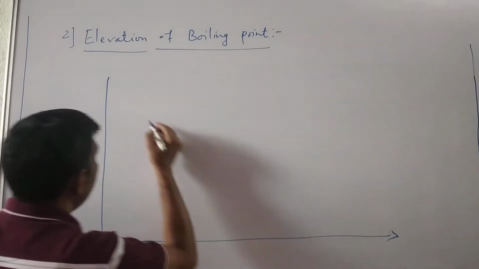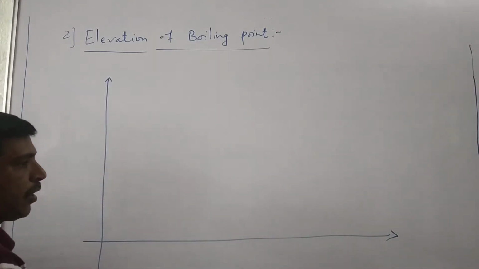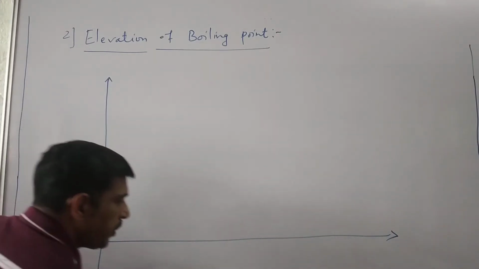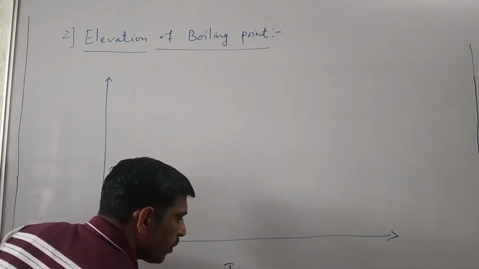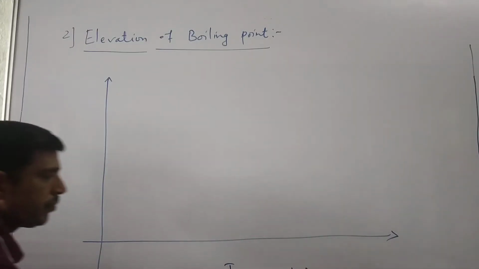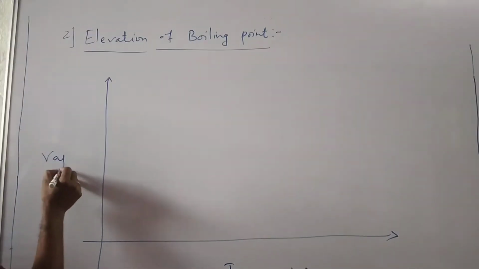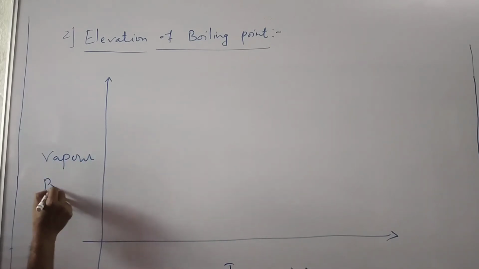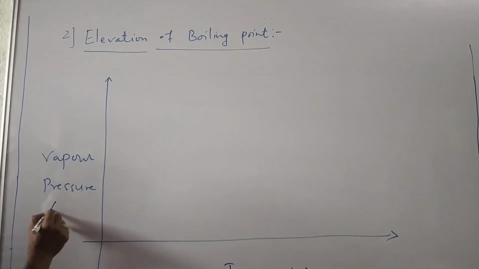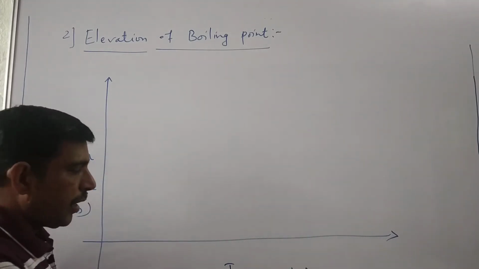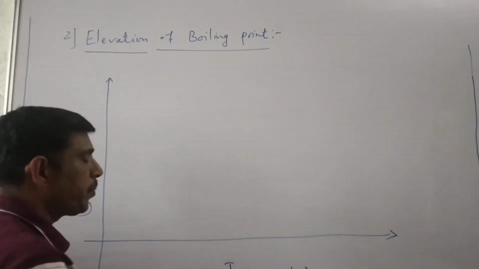Suppose this is the x-axis and this is the y-axis. Along the x-axis we will take temperature in Kelvin. Along the y-axis we take vapor pressure, suppose in atmosphere. Why are we taking the graph of temperature versus vapor pressure?